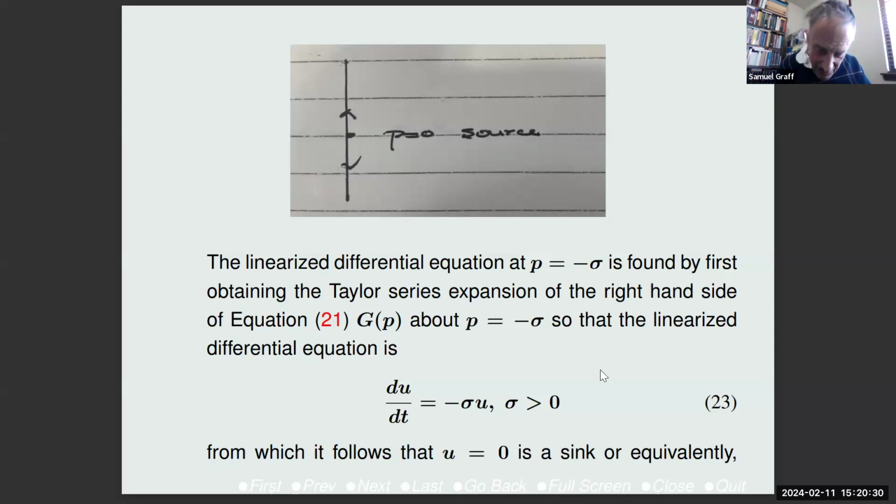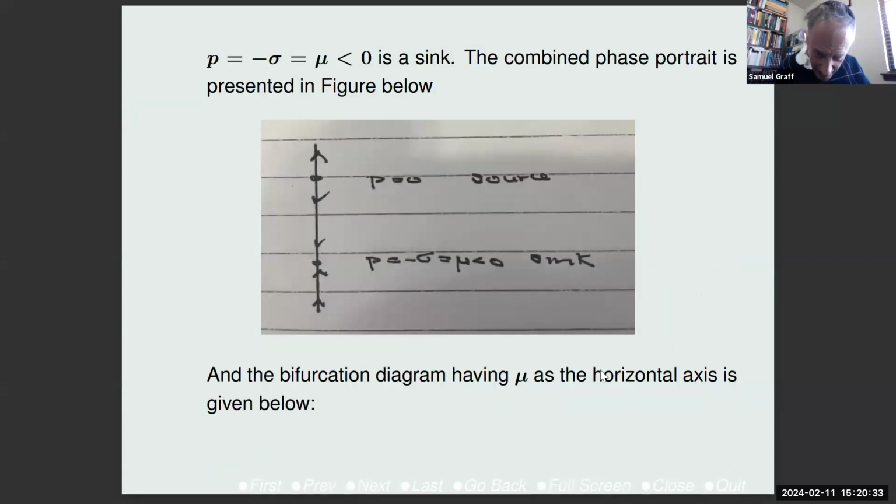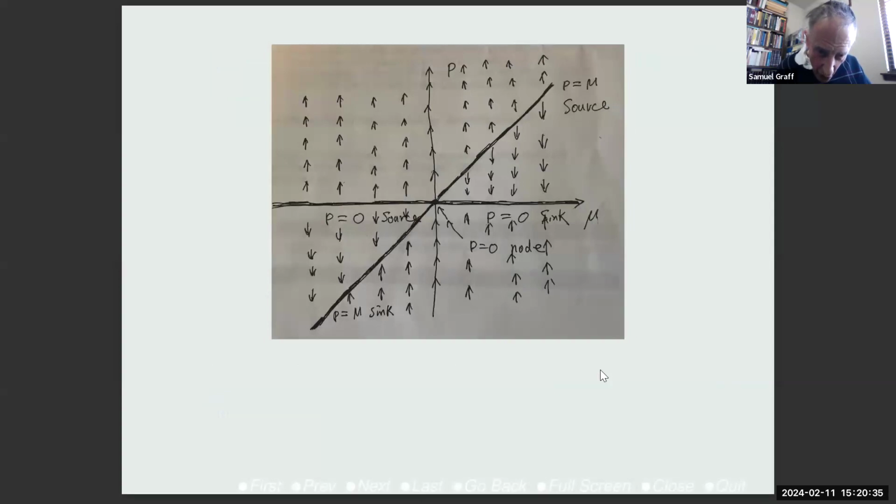What is kind of interesting at the end here, if we put it all together and look at what happens when the parameter mu is varying, there are still two critical points always, P equals 0 and P equals mu. When mu is positive, the equilibrium P equals mu is the source and P equals 0 is the sink.